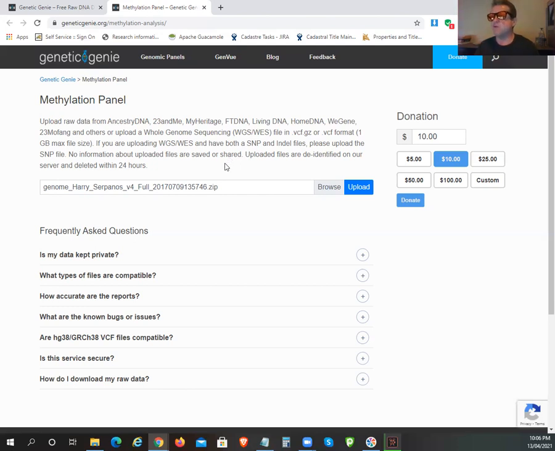There's a limit of 1 gigabyte. You're not going to hit that anyway from any of the genomic stuff. They're pretty small in comparison to other files.